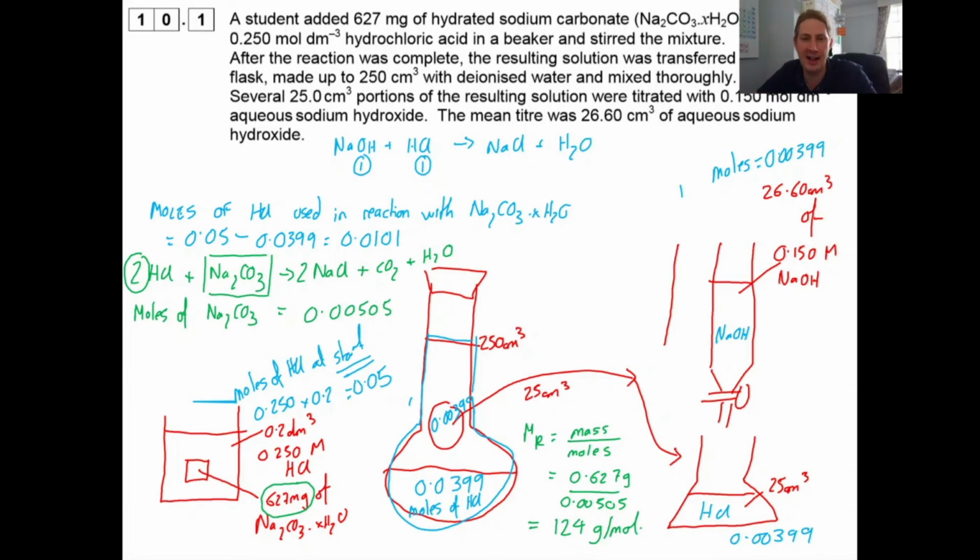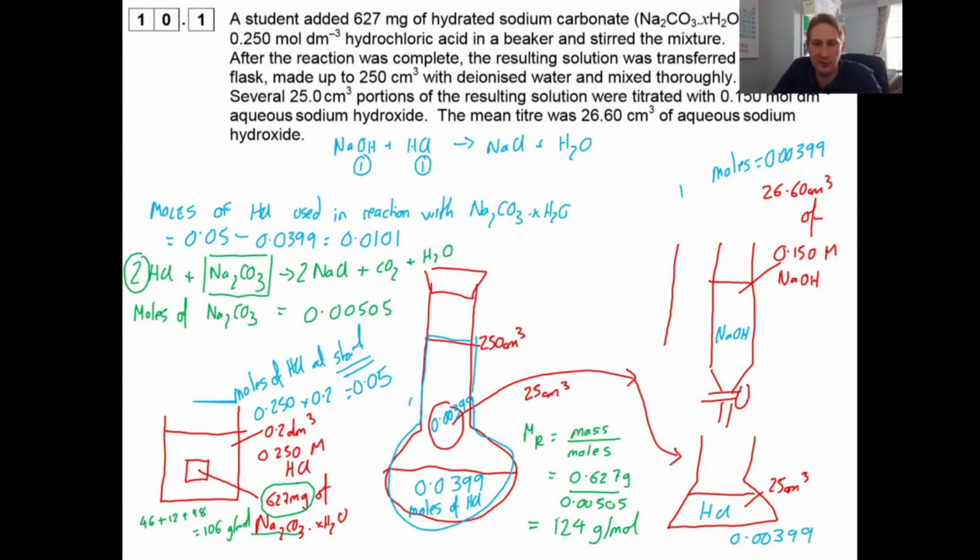Okay, how does that help us? Well, we know that the sodium carbonate bit of this, the Na2CO3, is 2 times 23 plus carbon plus 3 lots of oxygen, so that's 46 plus 12 plus 48, which is 106 grams per mole for this bit. So how many waters do we have?